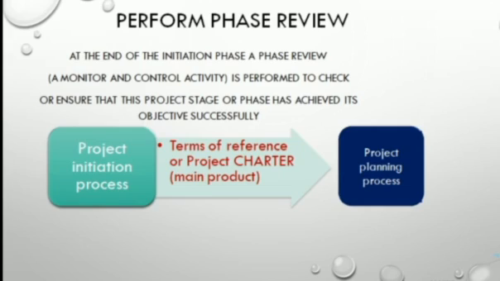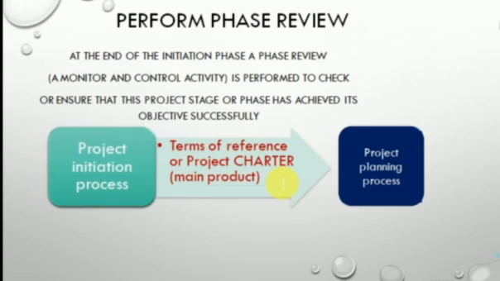And before you move to the next phase, there's what they call a project charter. Now this project charter is a document between the project sponsor and the project manager. Understand? After the business case and everything has been done, you and your project sponsor will assess everything that you have done.